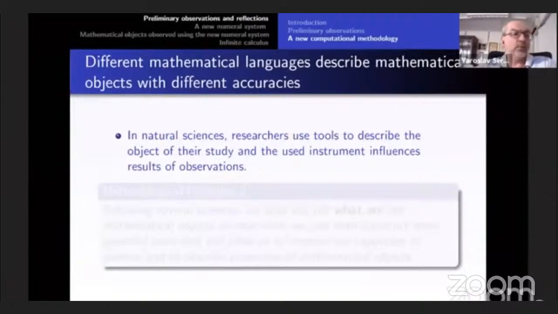Now, the second methodological postulate comes to us from physics. In natural sciences, when a physicist looks in a microscope and observes two dots, he or she does not say that the object of the observation is two dots. He or she says that with this microscope and this lens, I observe two dots.